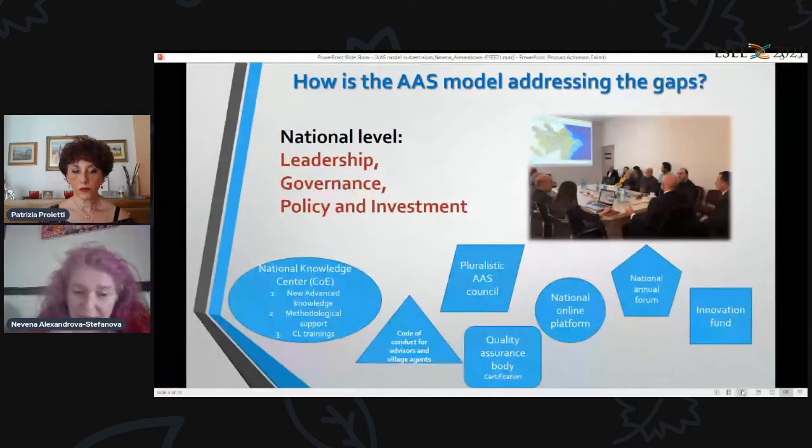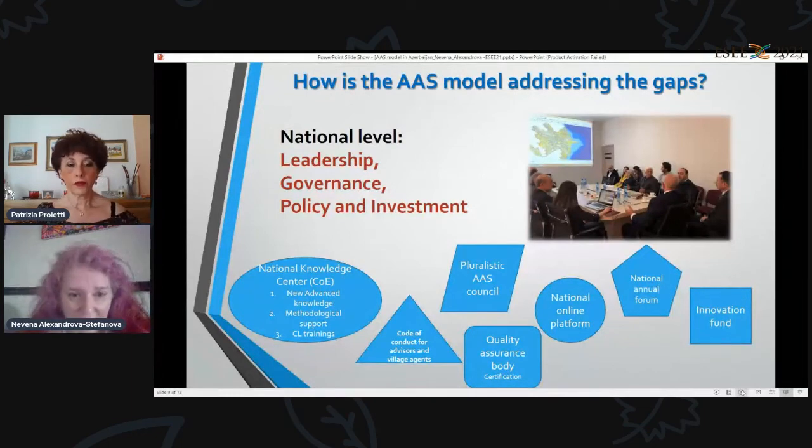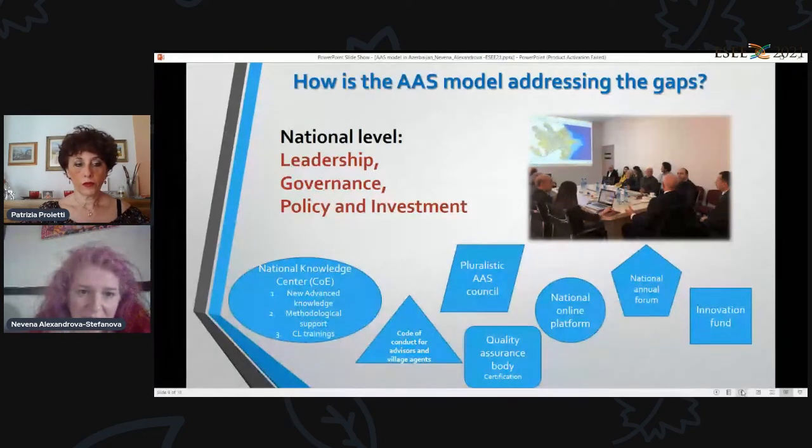For the moment, the agriculture advisory system in Azerbaijan is providing only trainings to farmers, but the training program is top-down and not related to the needs of the farmers. So this needs to change.